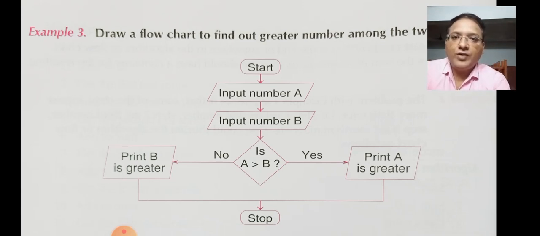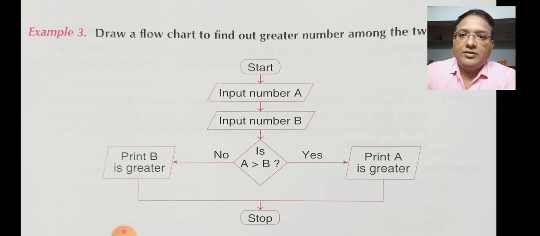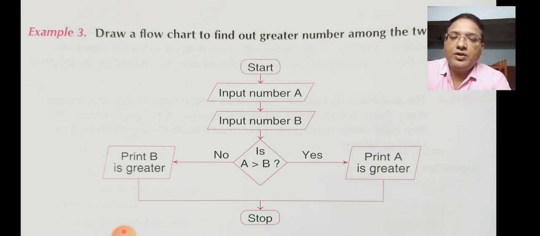So here we will write the condition. Is A greater than B? Question mark. Got it? So if the output is no, then print B is greater. And if yes, then print A is greater.